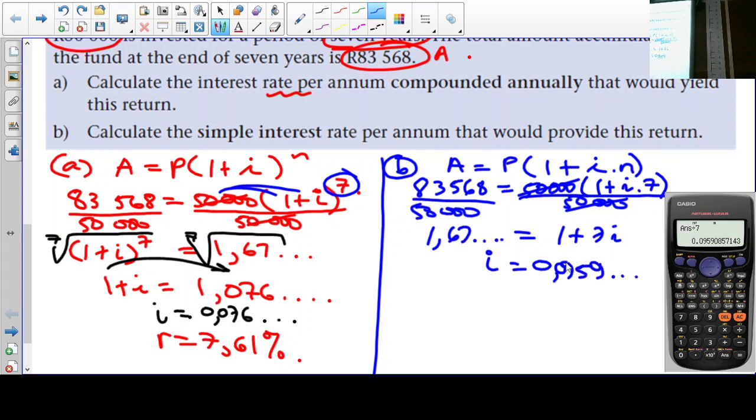So what do I do now? Do you need a percentage? So I multiply this by 100. By multiplying this by 100, I get it in percentage. That gives you 9,59%.